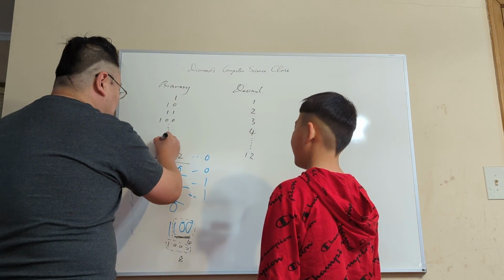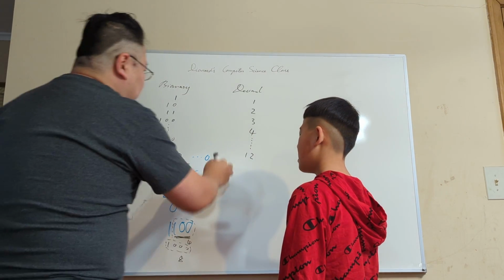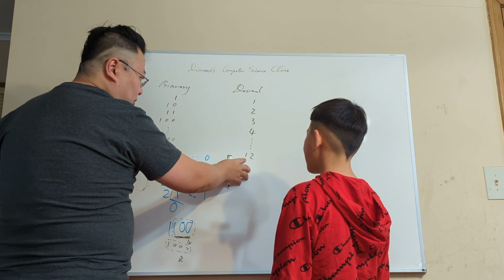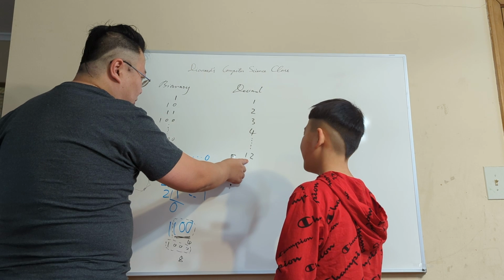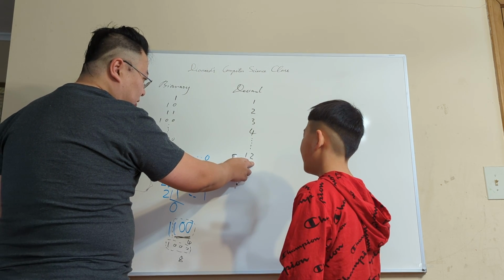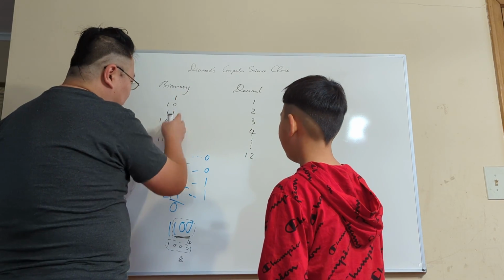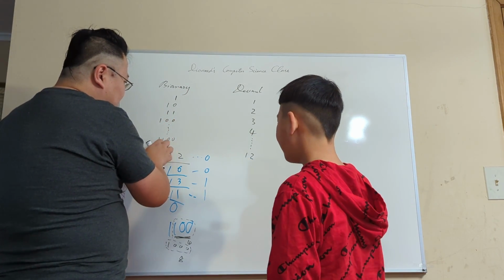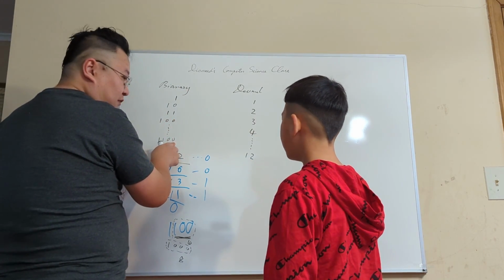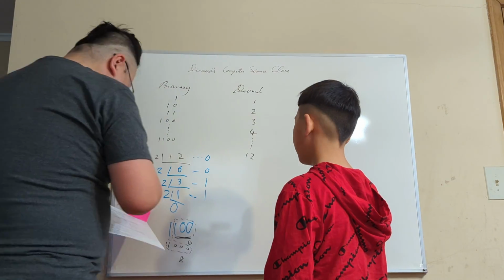Yes. So you see here in decimal 12 only occupies 2 digits, right? But for binary, the length is 4. 1, 2, 3, 4, right? Okay, so here's the problem.